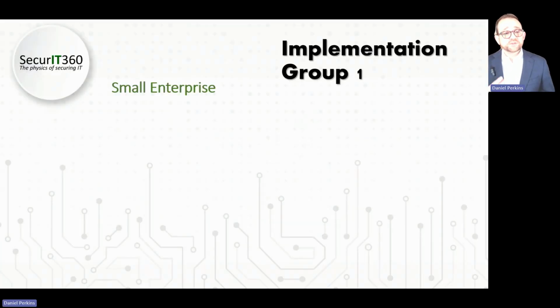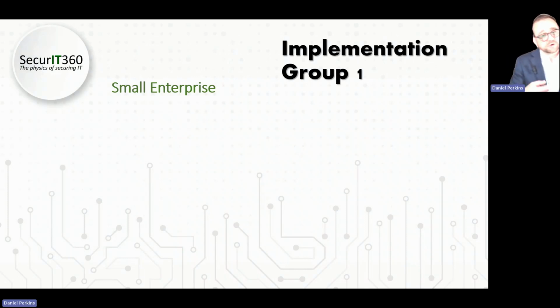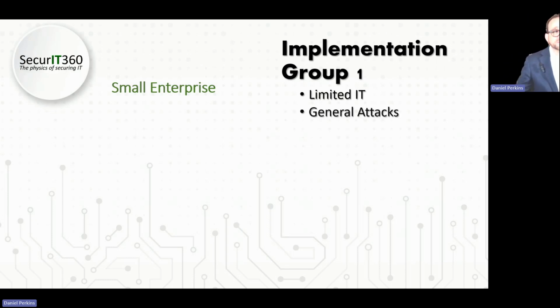Now, when we think about implementation group 1, I said that's where we would start our journey with CIS. That's going to be primarily driven towards small enterprises, right? Those small organizations that maybe have limited IT, they're focused on defending against general attacks, and they're really using commercial off-the-shelf software. They don't have a lot of enterprise-grade applications.